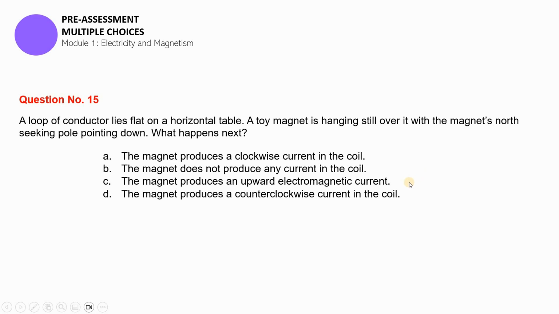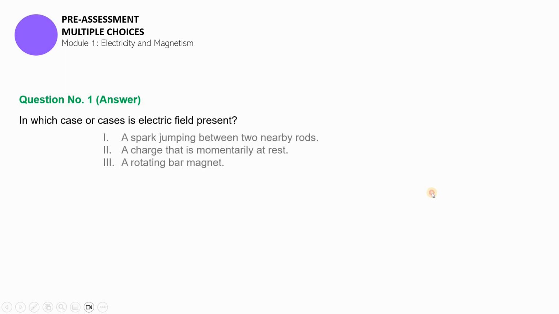If you are through with the last question, let us now proceed to the checking of your work. For question number 1, the answer is letter D. 1, 2, and 3.